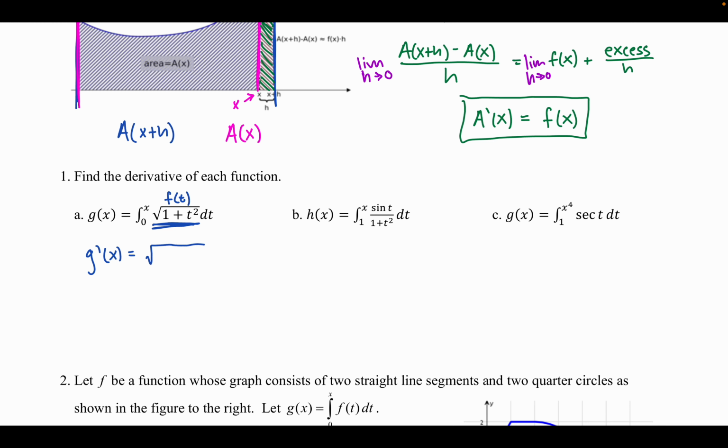So all you have to do is plug in x, and that's it. It's really as simple as that. For B, h prime of x, if h is the integral of sine of t over 1 plus t squared from 1 to x, all we do is do sine of x over 1 plus x squared.